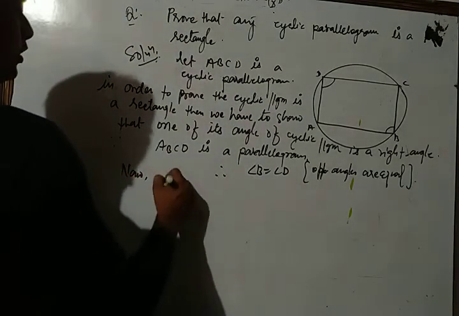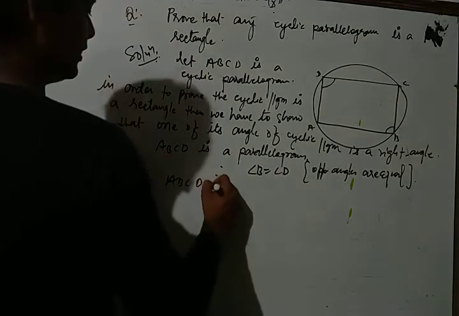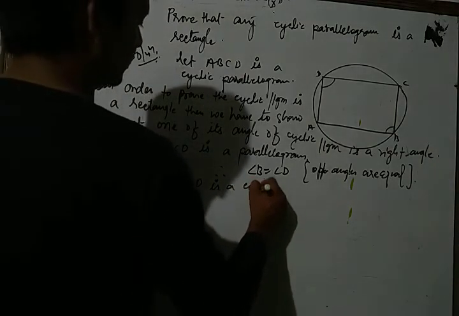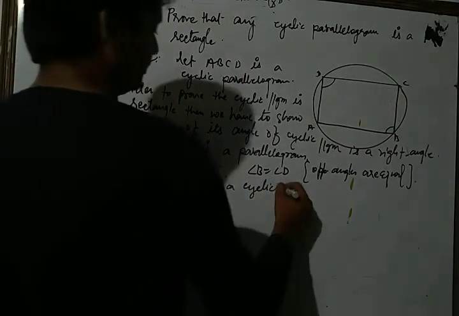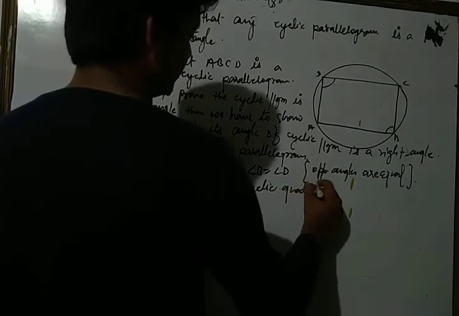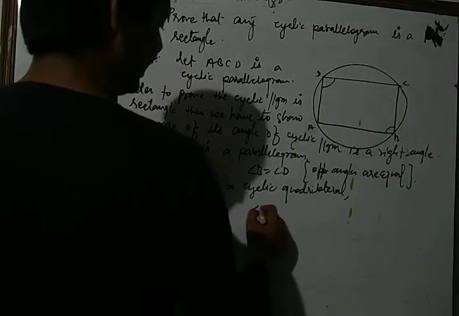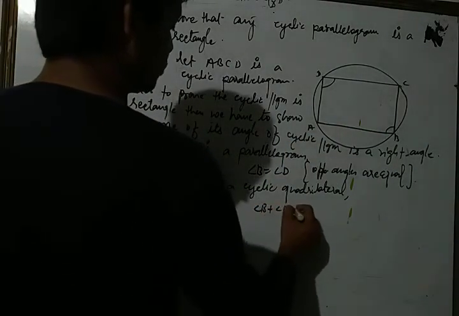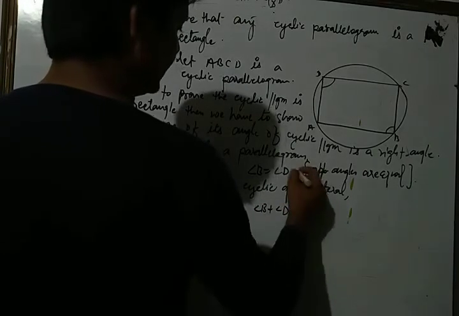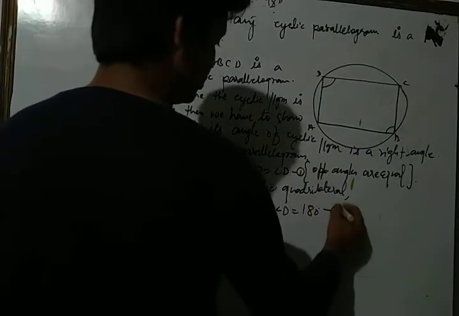Now ABCD is a cyclic quadrilateral, that is, the sum of angle B plus angle D is equal to 180. Take this as equation 2.